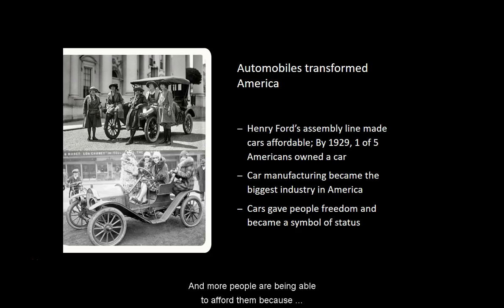More people are able to afford them because they have more disposable income because their wages are higher, and also because we're buying them on credit, making installment payments. By the end of the decade, 1 in 5 Americans owned a car, which is up dramatically from prior to World War I. Car manufacturing becomes the biggest industry in America, with multiple new car companies coming out and trying to sell their vehicles.